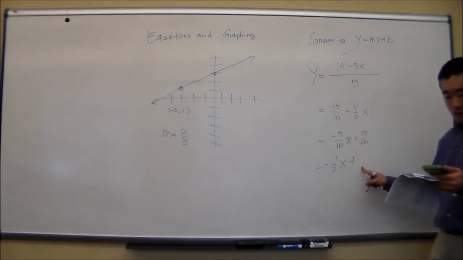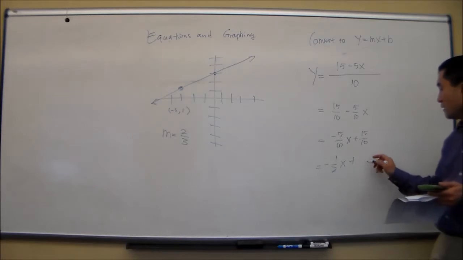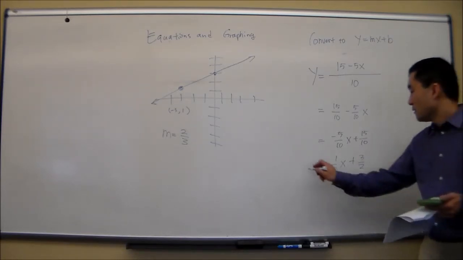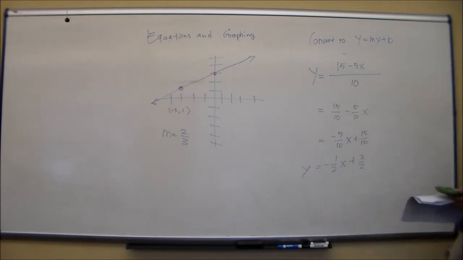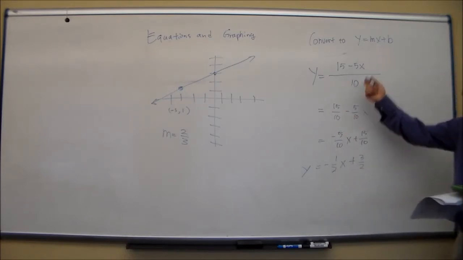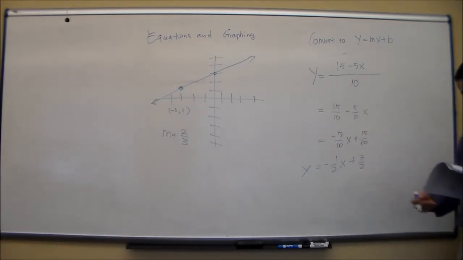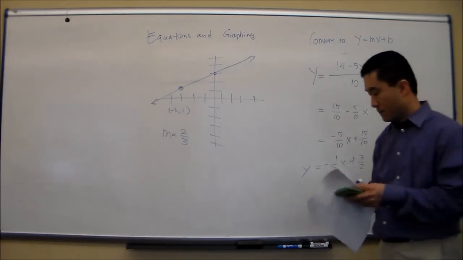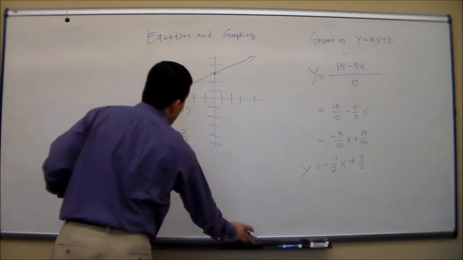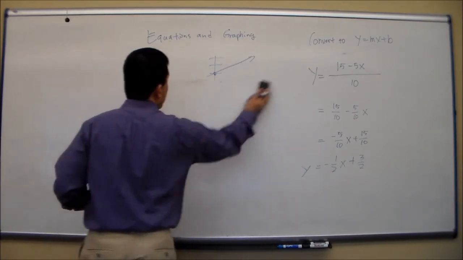Do second key and then ABC button again, and then you end up with 3/2. So y is equal to -1/2 x plus 3/2. This fits this, so the conversion is done. Alrighty.